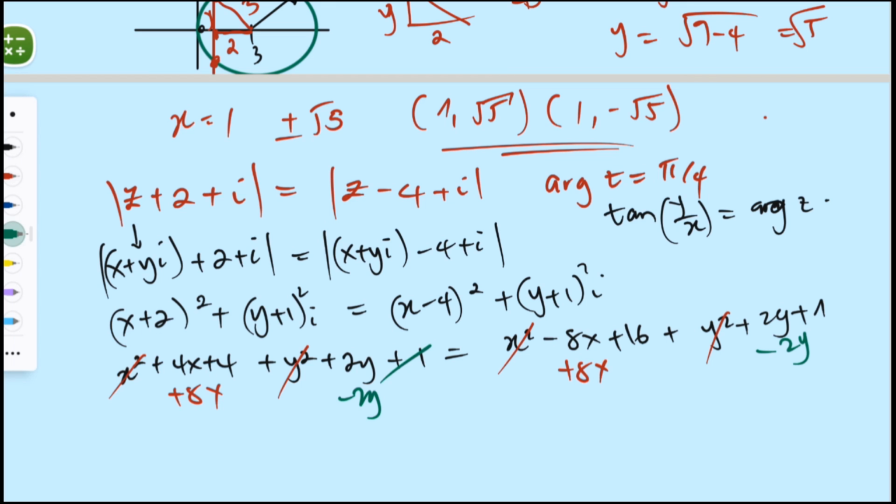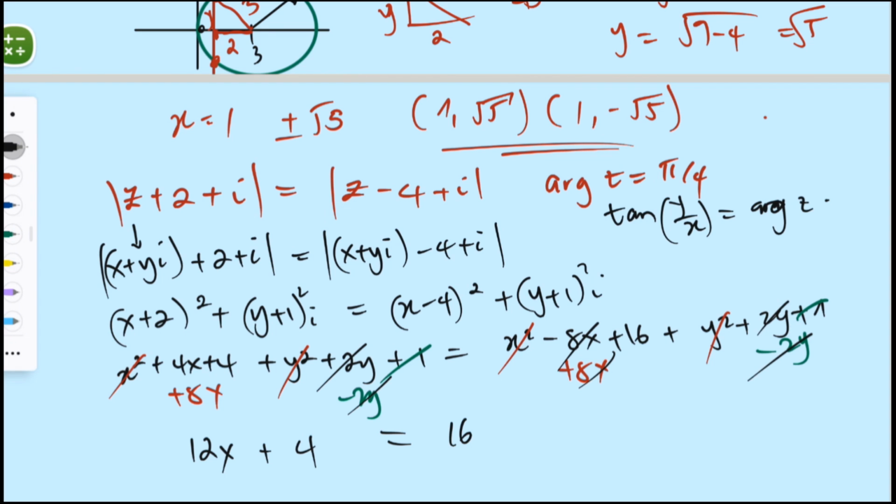Okay, the 1 as well cancels this 1. 4x plus 8x, which is 12x, plus 4 gives us 0. So that's it. And then here we have a 16. Okay, I did not see that. Plus this one cancels out 0.